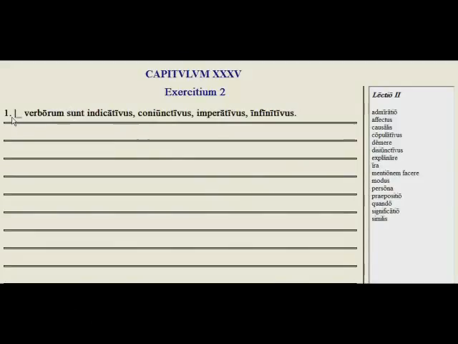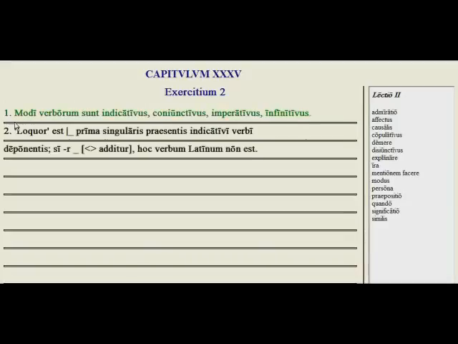We have number 1. Blank verborum sunt indicativus, conjunctivus, imperativus, infinitivus. So the something of the verbs are indicative, subjunctive, imperative, and infinitive. And the answer to that is the modi, which is what we translate as the moods of the verbs.